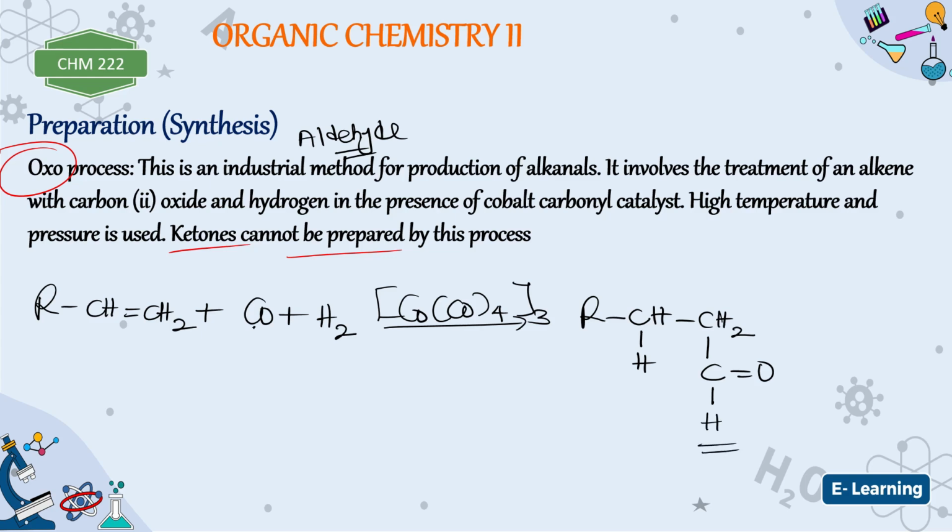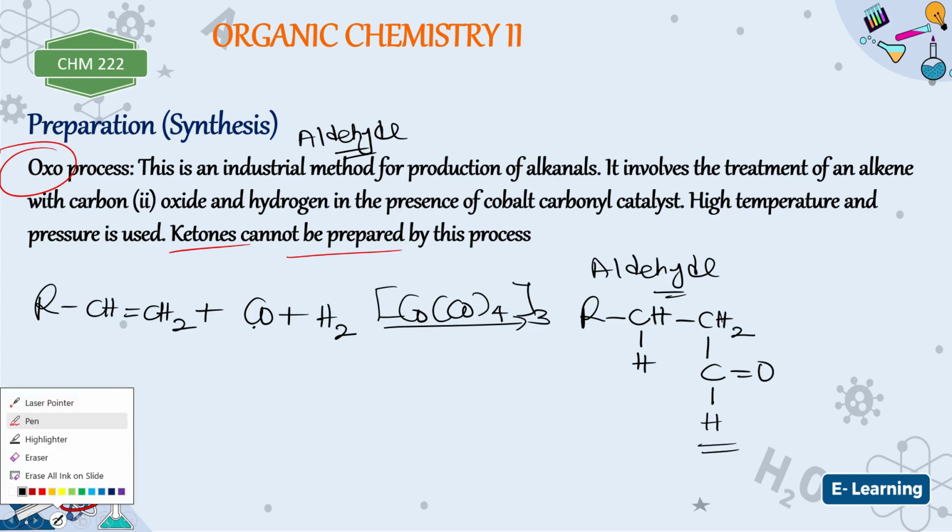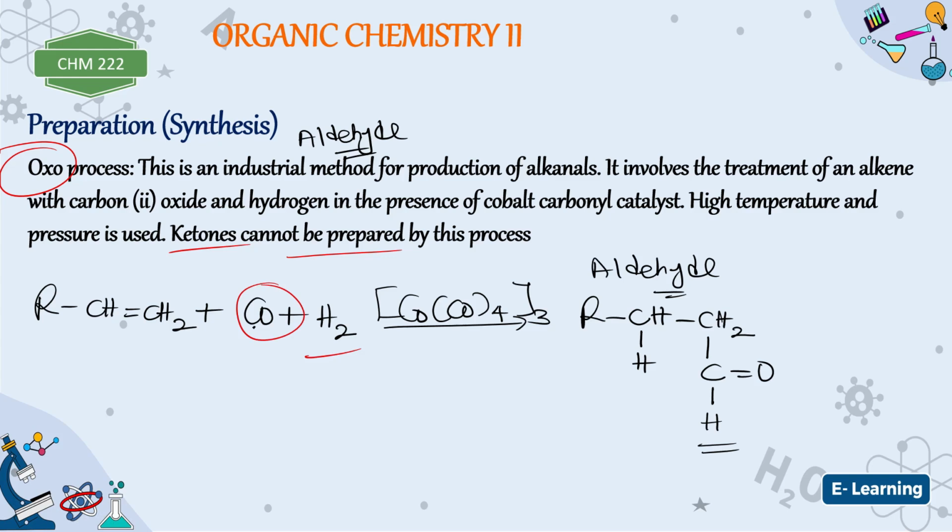So this is an industrial method for preparation of what? Aldehyde, the Oxo process, requiring carbon monoxide and what? Hydrogen gas. Now you give an anti-Markovnikov product, and ketones cannot be prepared by this process.